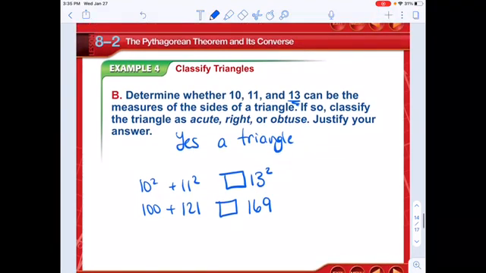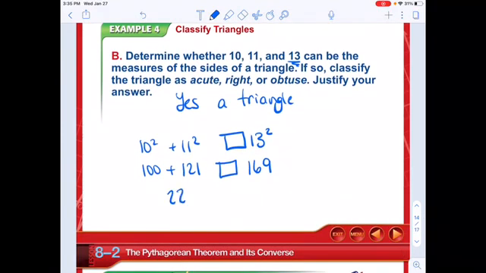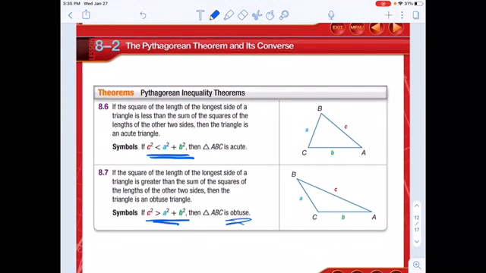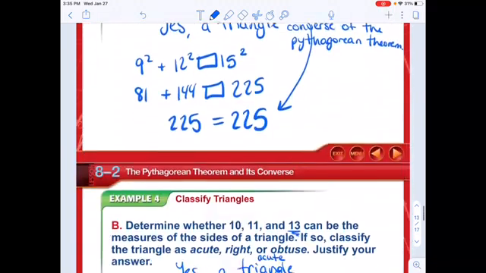So we have 221. That is greater than 169. So because the hypotenuse number squared is less than 221, this is an acute triangle because of the, let's look up here, Pythagorean inequality theorem. So when the hypotenuse is less than the two side lengths, it is acute.